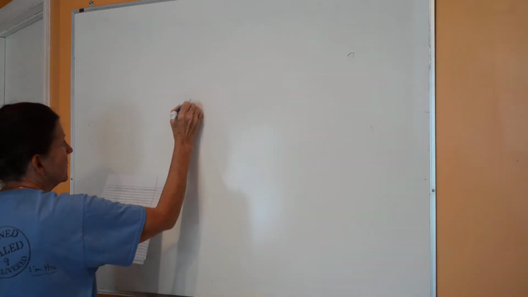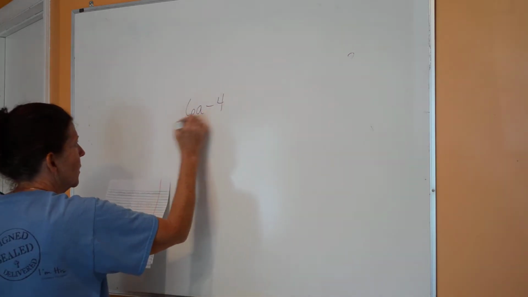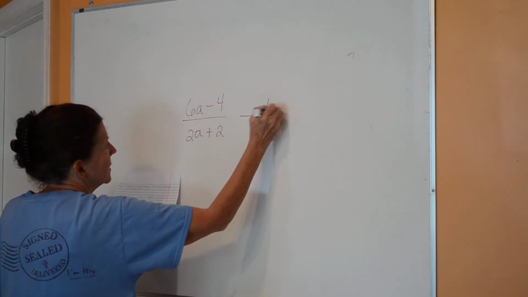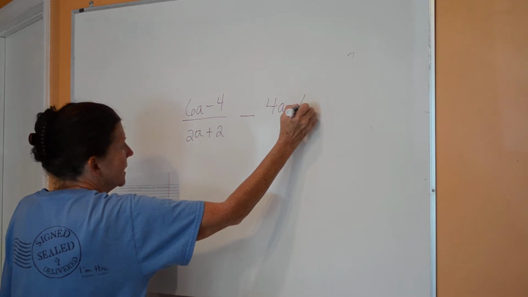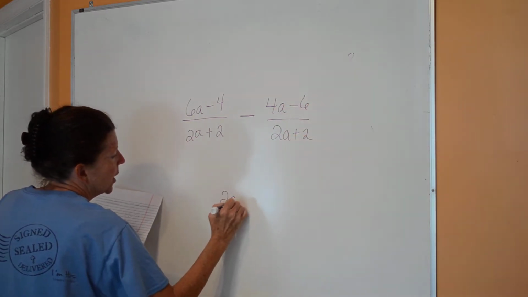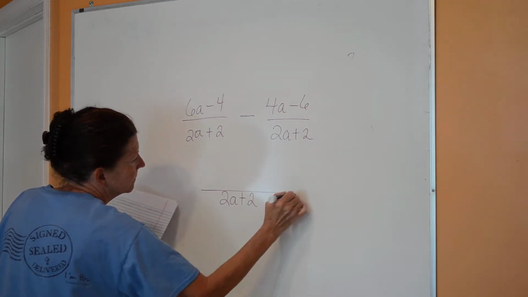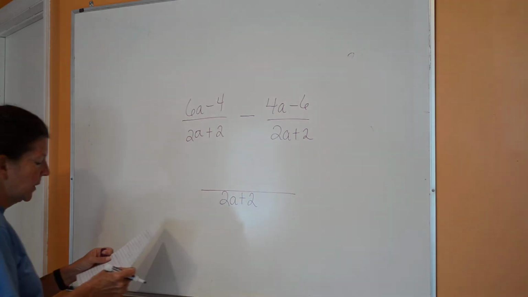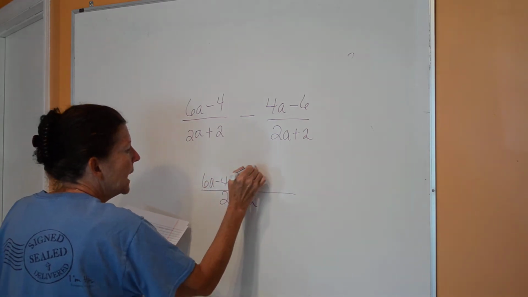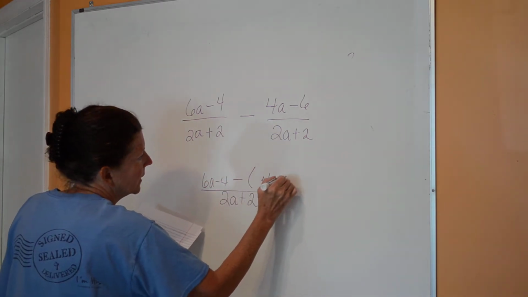Let's say I have 6a minus 4 over 2a plus 2 minus 4a minus 6 over 2a plus 2. Common denominator, which they already have, is 2a plus 2. So I have 6a minus 4, but then it's minus this whole thing.